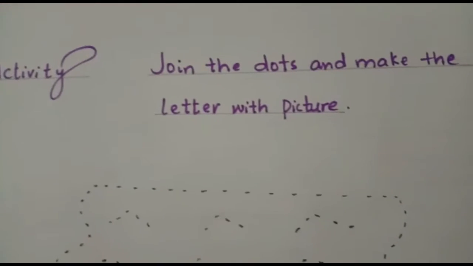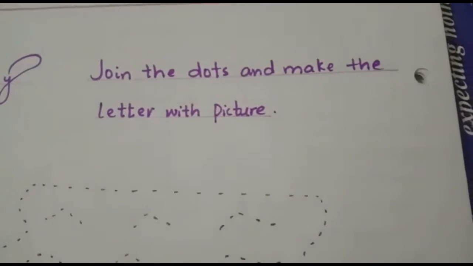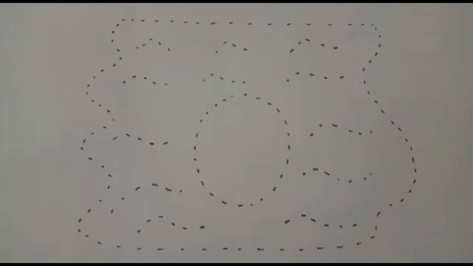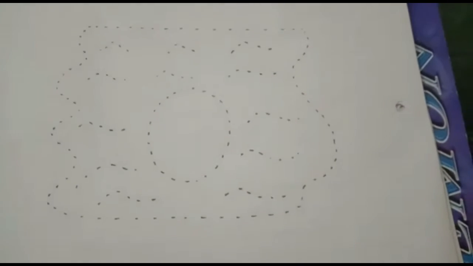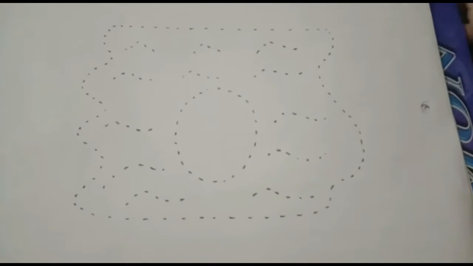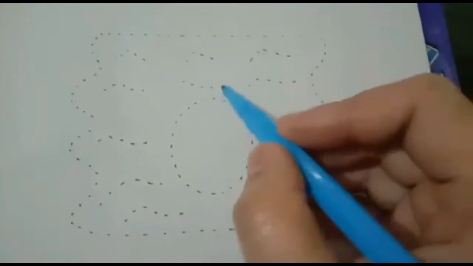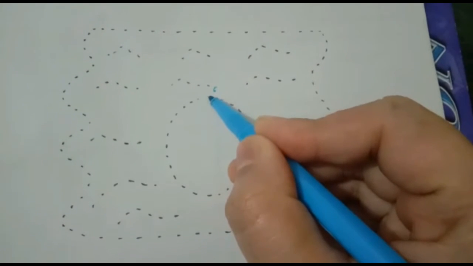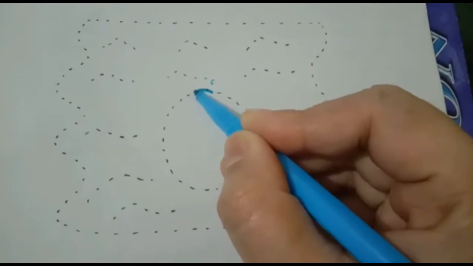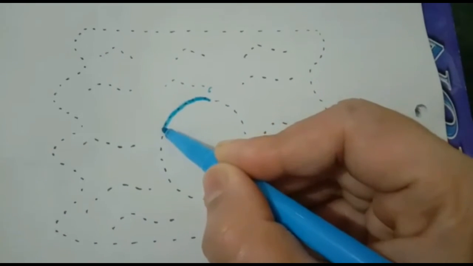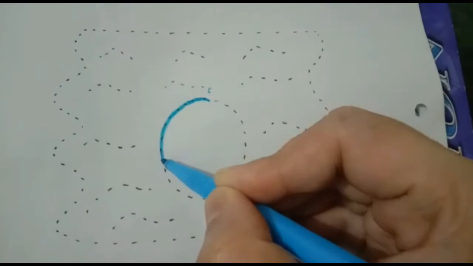Now get ready for an activity. Join the dots and make the letter with picture. First of all, I will join the dots for making a letter. I will start from this point like this and join all the dots in the proper way.